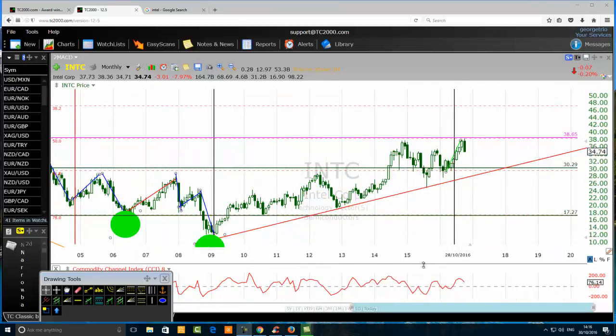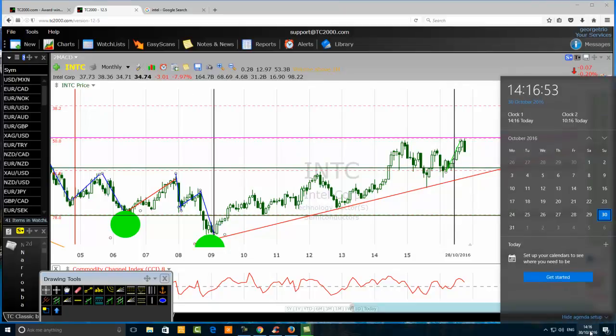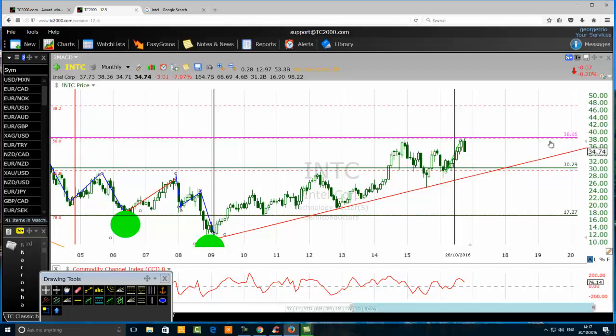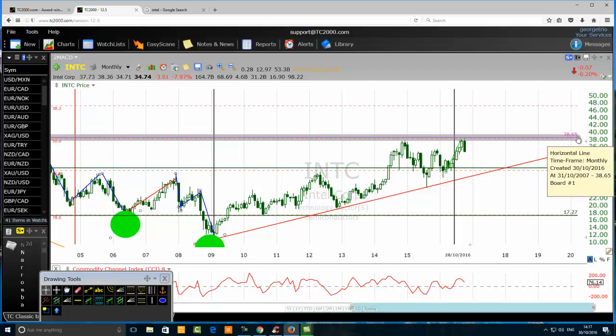You can see by the end of 2014, the price went up to that level, $38.65, and this month, October 2016, today is the 30th of October 2016, the time in London is 14:17, the stock recently this month again retested that level of $38.65.